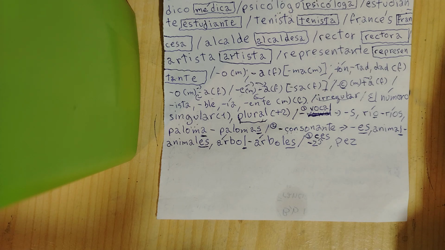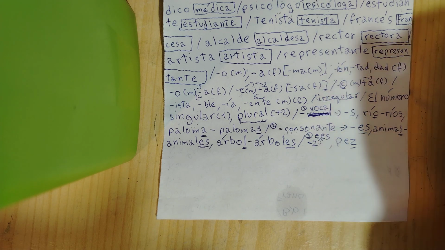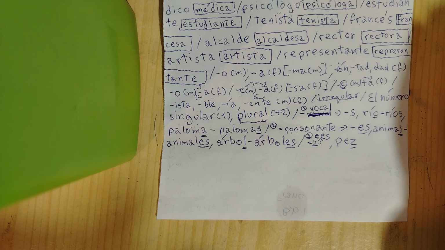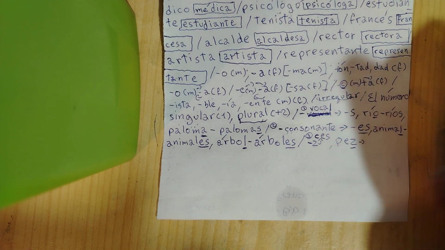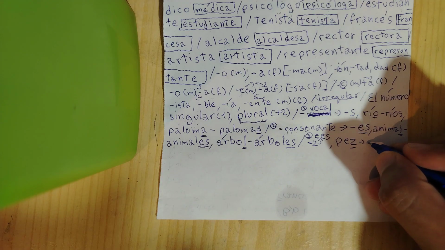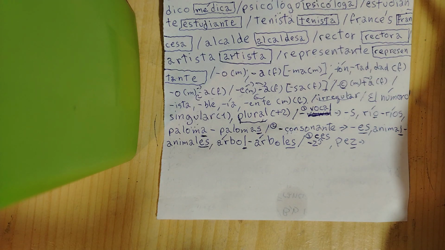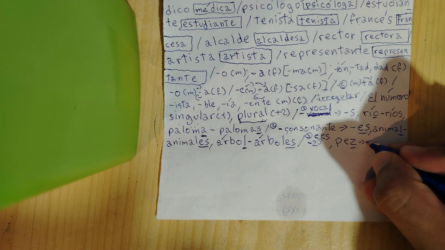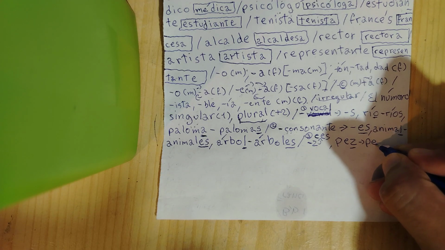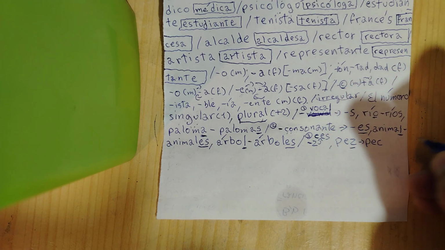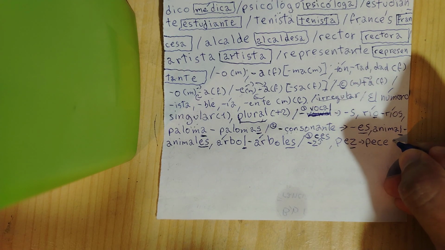Now it ends with z, so we have to change that. To make it plural, we have to change it to P, E, C, E, S.